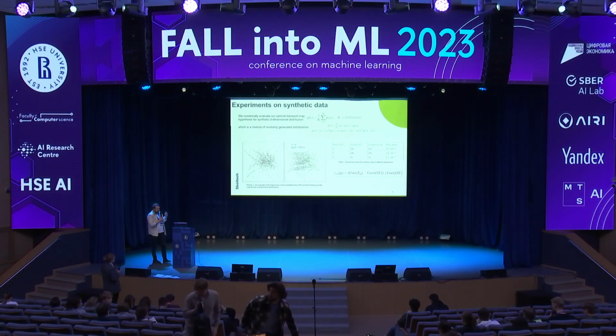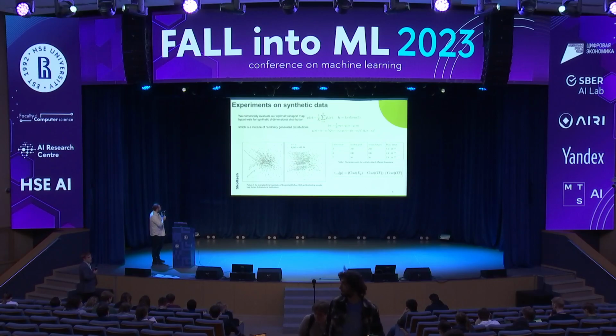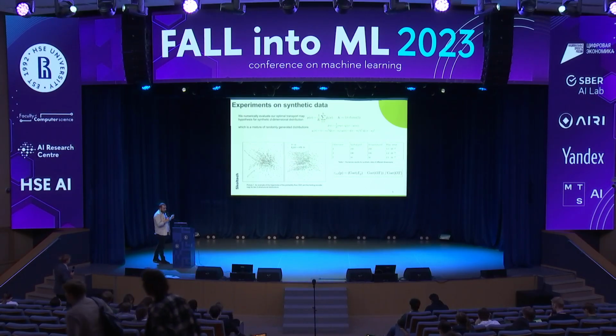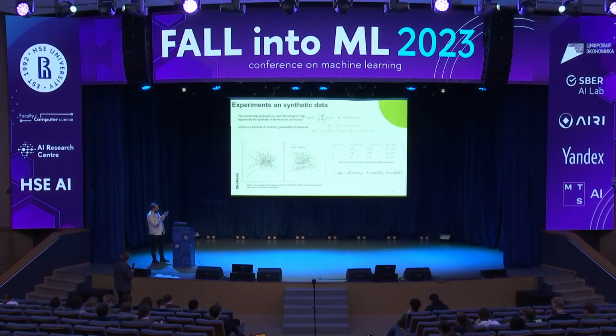So we transform by the DDPM model this distribution to a normal distribution, and by samples we empirically calculate the cost. The cost is the sum of distances between initial points and the end point. So these distributions are not the same. These trajectories are not the same, of course.